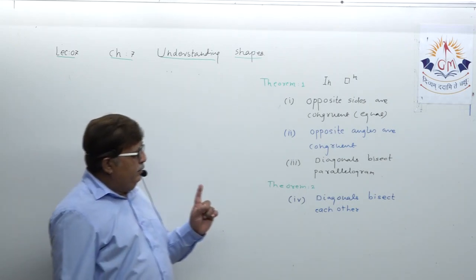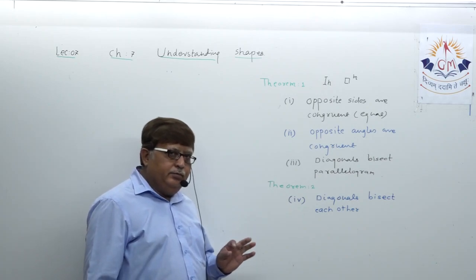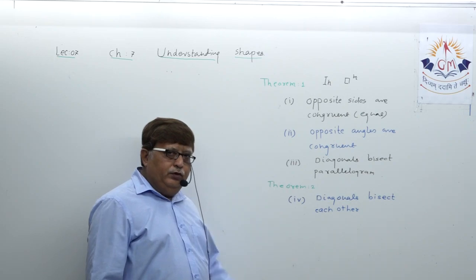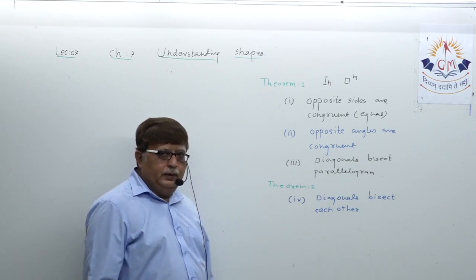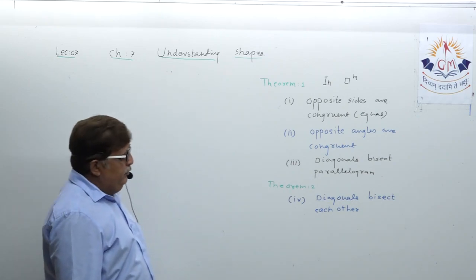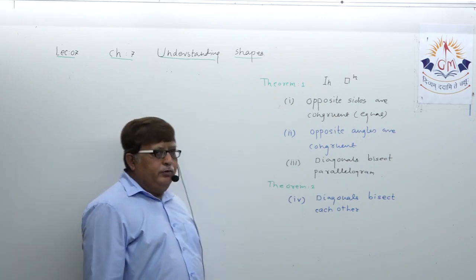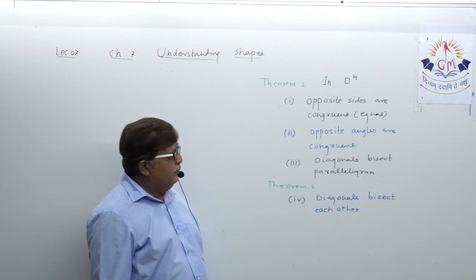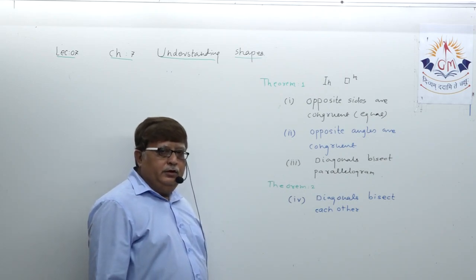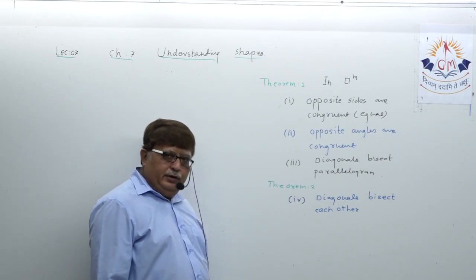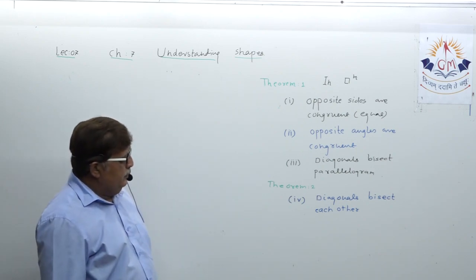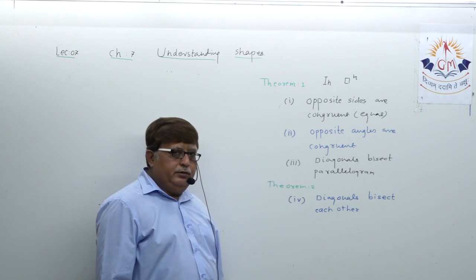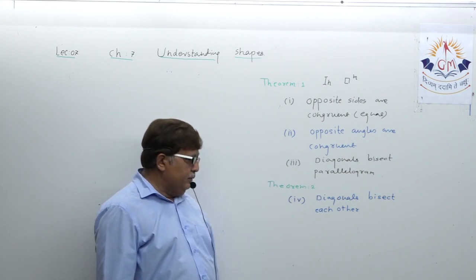Before we start discussing examples based on at least these four concepts, please first be sure. Opposite sides of parallelogram are congruent. Opposite angles of parallelogram are congruent. Diagonal bisects parallelogram.